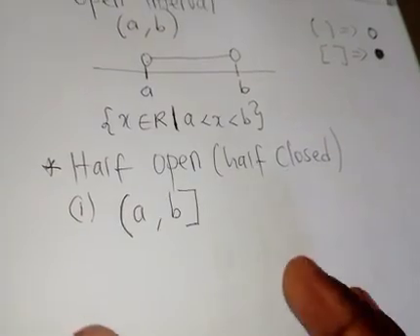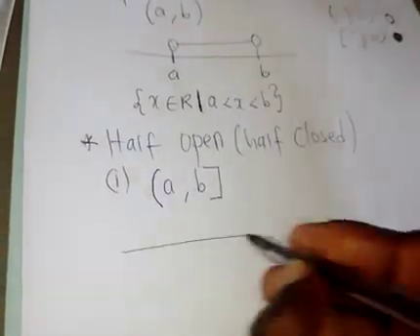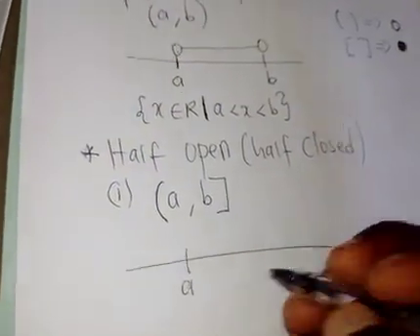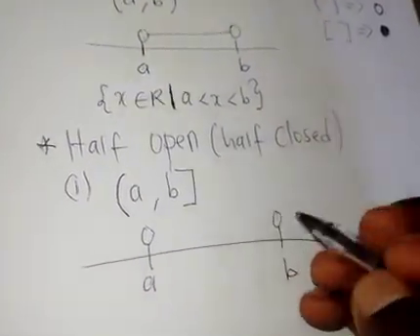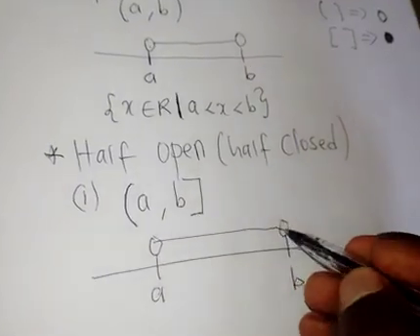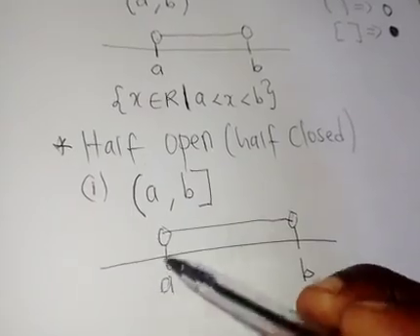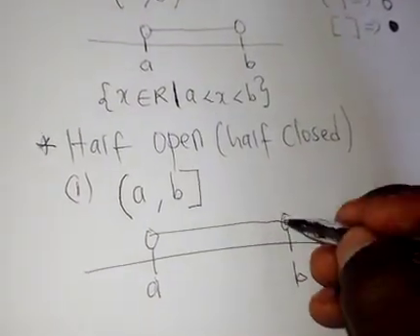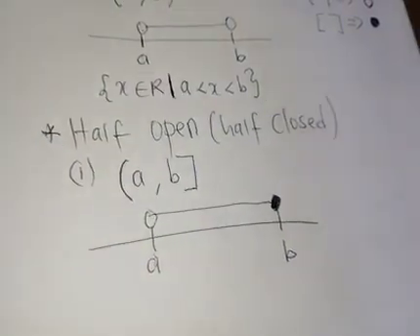This is half open or half closed. Then representing this one using a number line, on A and B you put circles on top and join the two with a line. This side where we have A, it's a round bracket, don't shade. Then with the square bracket, you shade that circle. So that's how you go about it.